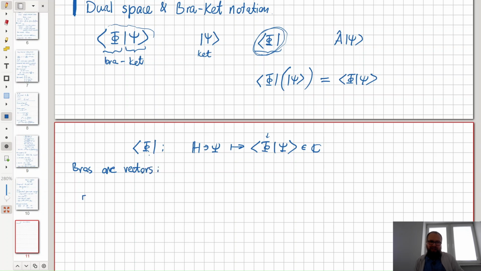Because if I take some z1 plus z2, so bra is supposed to represent an inner product with an open slot. Yes?